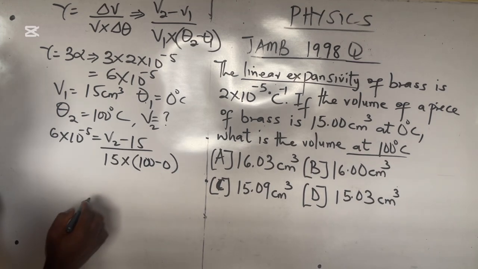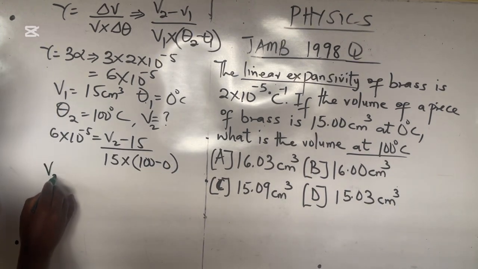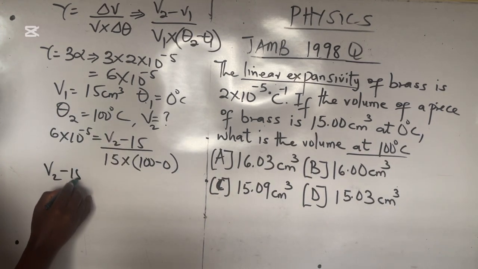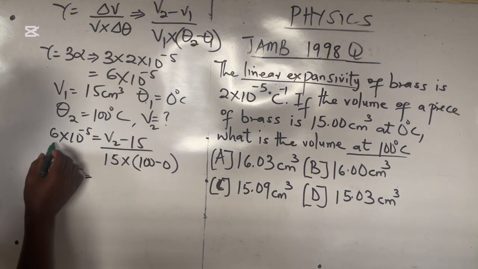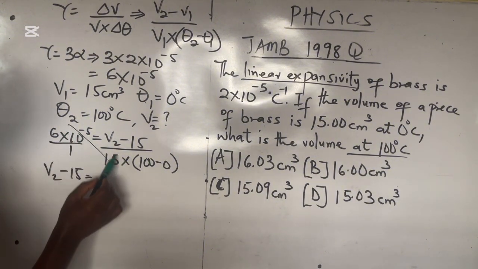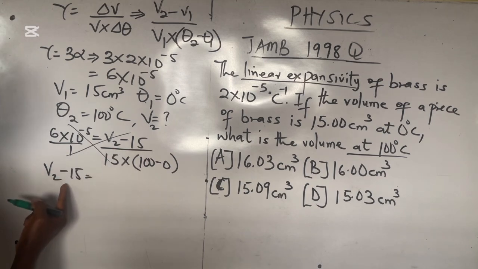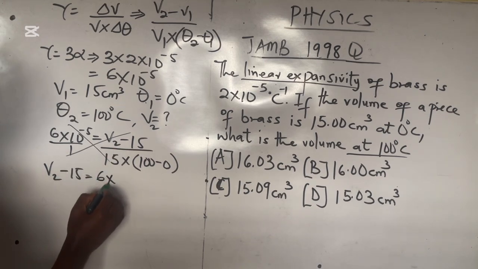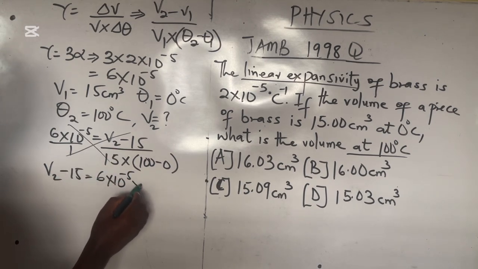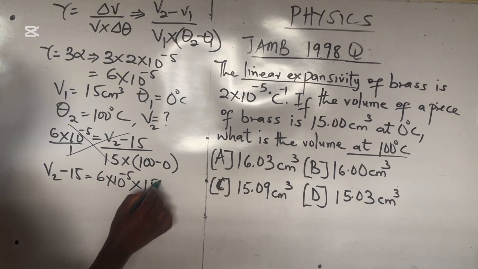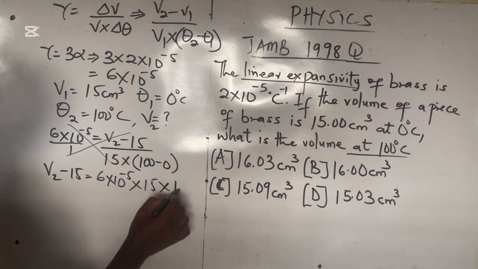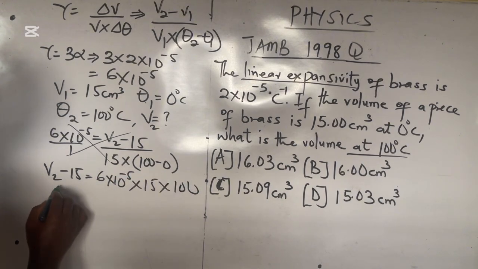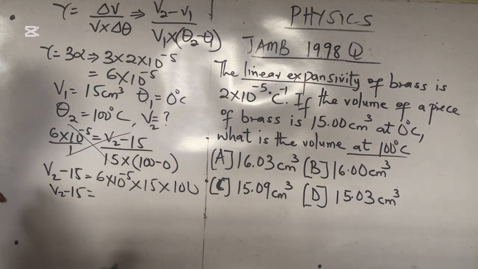So when we do this very well, we have V2 minus 15 over 15, we cross multiply. So V2 minus 15 equals 6 times 10 raised to the power minus 5 times 15 times 100 minus 0, that's 100.